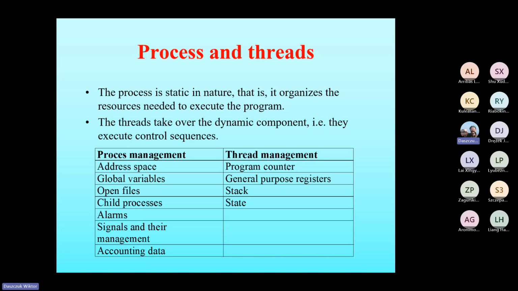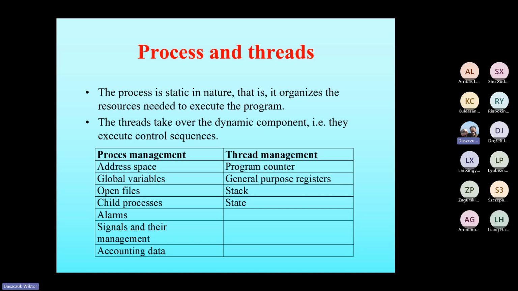In process management, the process has the address space, global variables, open files per process, and child processes. When a thread creates a child process, another thread can kill it, because they belong to the same process.